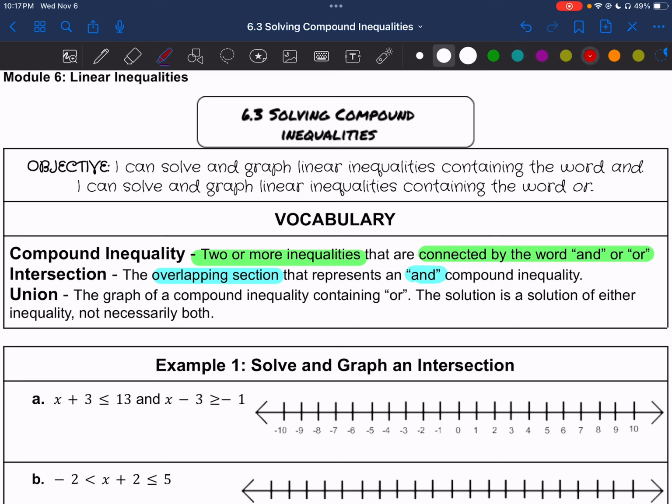A union is the graph of a compound inequality containing "or," and the solution is a solution of either inequality, but not necessarily both. So with an "or," it could be one or it could be both. In an "and" inequality, an intersection, it must satisfy both.